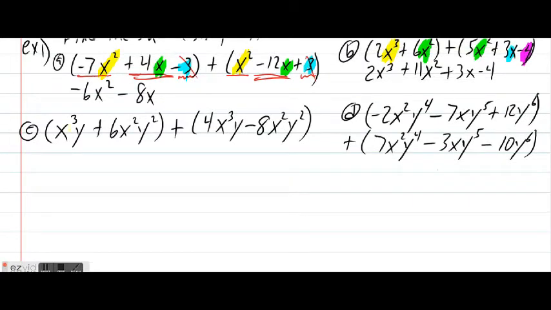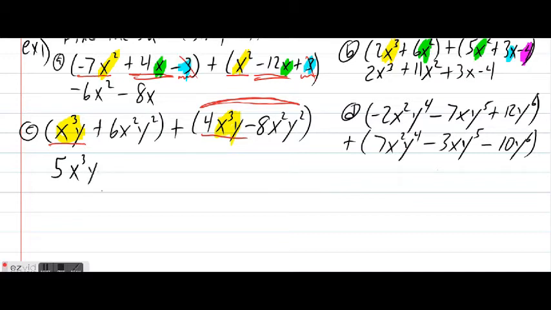Let's look at C. I have x to the third y. That's one whole term. Now I have to look over here in this binomial. Is there an x to the third y? Yes, there is, right here, x to the third, y to the first. So let's combine those. There's 1 there, there's 4 there. How many do I have altogether? I have 5x to the third y.